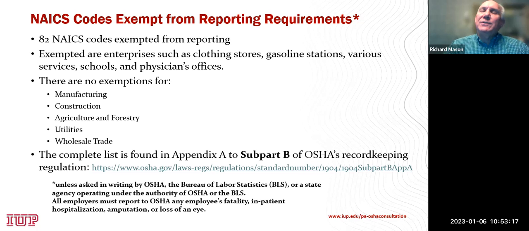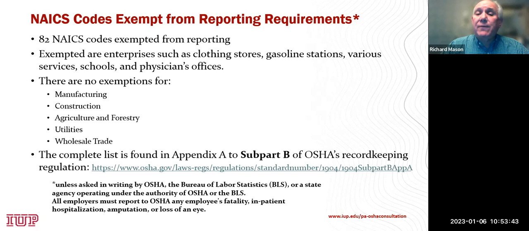If you're in construction, all the 2,000 codes are covered. No use looking. If you're in agriculture and forestry, those 1,000 codes are covered. Utilities are covered. Even the 4,200, which is wholesale trade. Once you start getting into retail stores and that sort of thing, you're covered. Okay. So all the exemptions are outside of those codes.